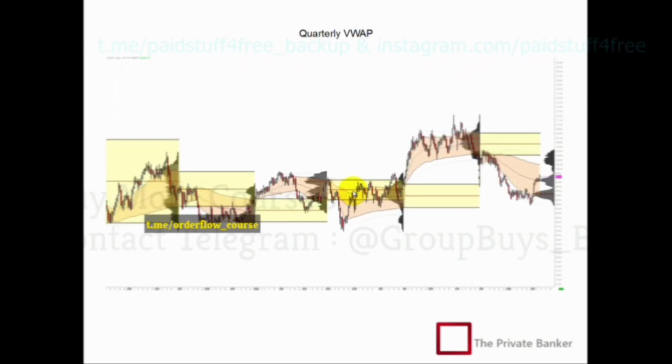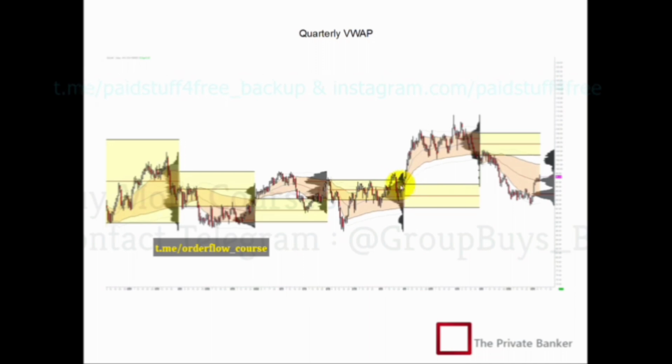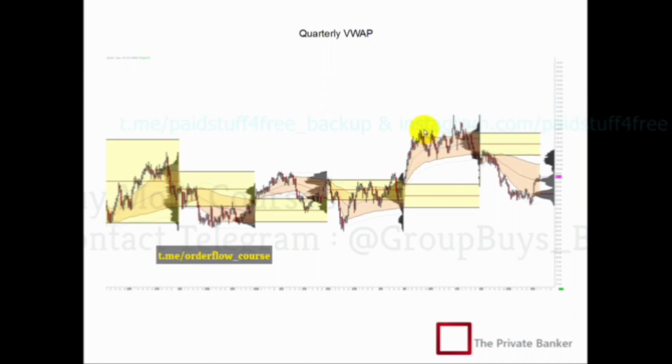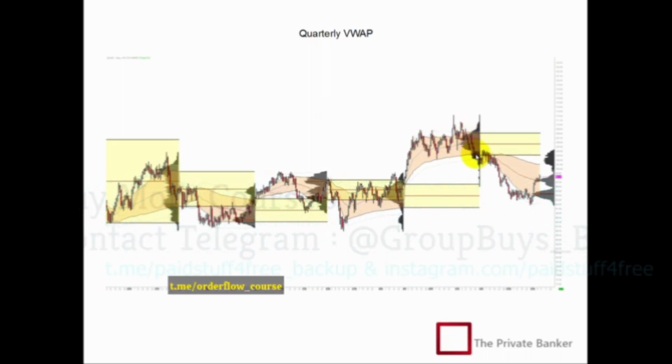Again, this is crude oil's quarterly VWAP. Same concept there. And let's just look from this quarter here. The market just completely became imbalanced to the buy side, and then we see it come back into the developing value and just kind of rotating back and forth. And into the end of that particular quarter, we see selling come into the market.